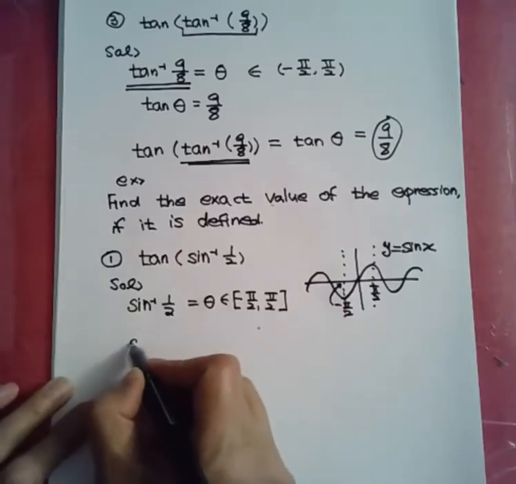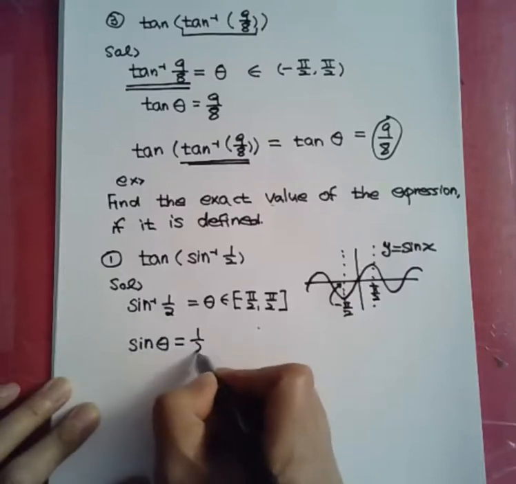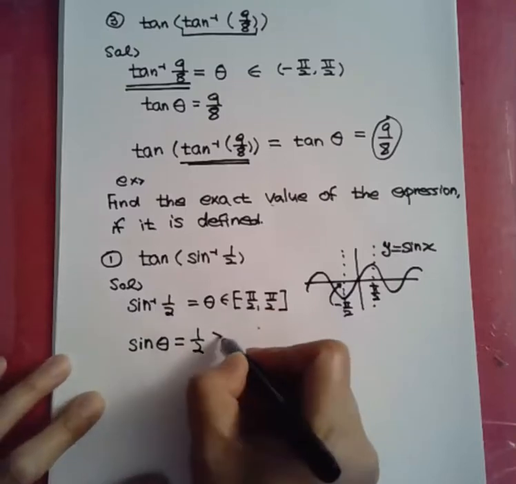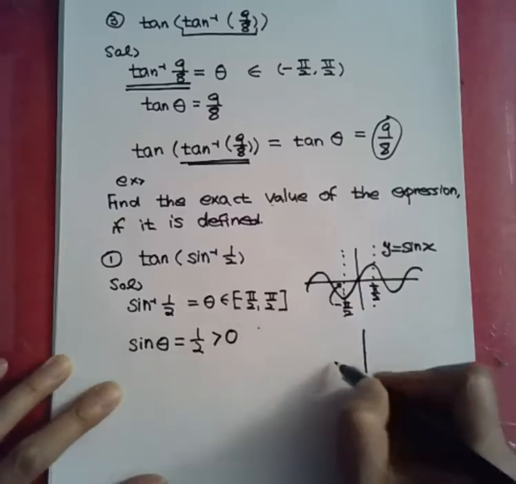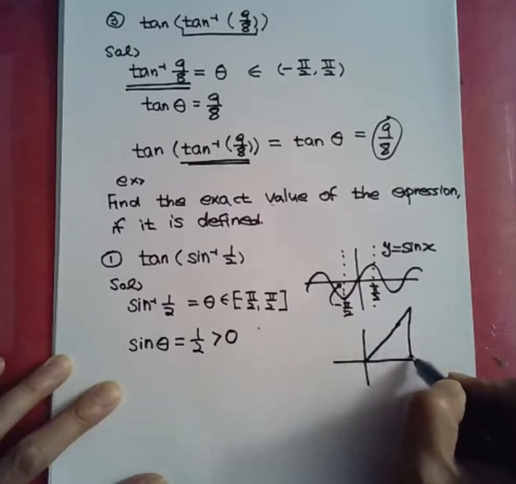And then sine of theta equals 1/2, which is greater than 0. So we can say that the angle is located in the first quadrant.